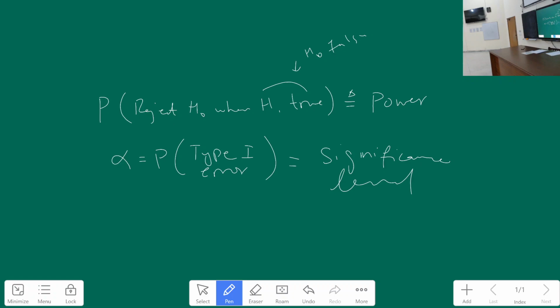So far we have just established the very general framework of hypothesis testing for 2 hypothesis cases. There are of course multiple hypothesis cases also. We will not cover those in this course. So now to actually calculate these, the answer will depend on what kind of statistic you are talking about.